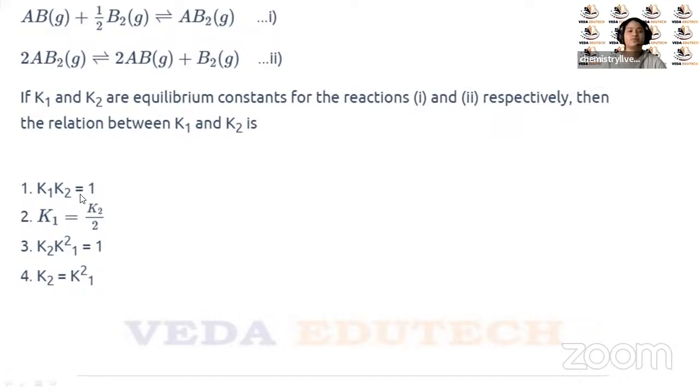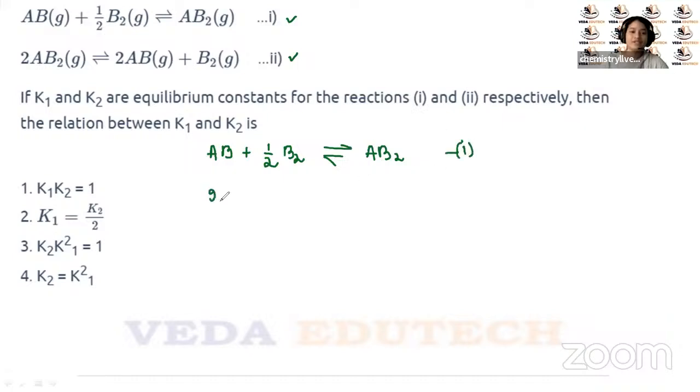Okay, children, let us see what is given here. We are given equation 1 and equation 2, right? Here we see AB plus half B2, and all of them are in gaseous state. This is the first equation.